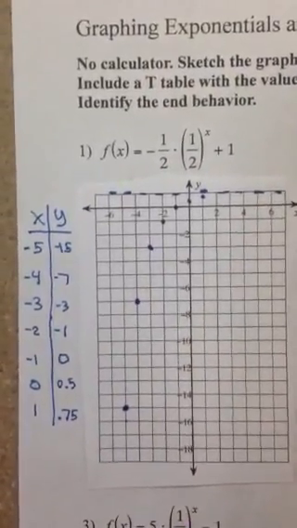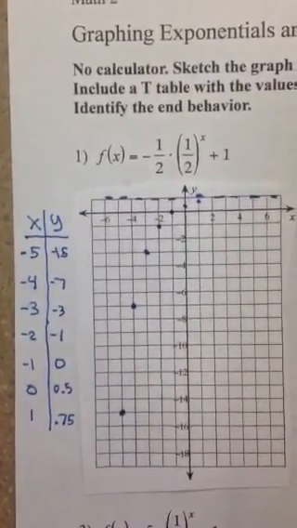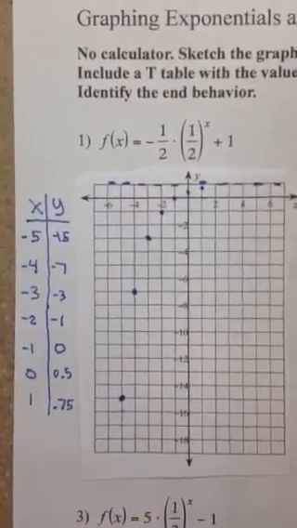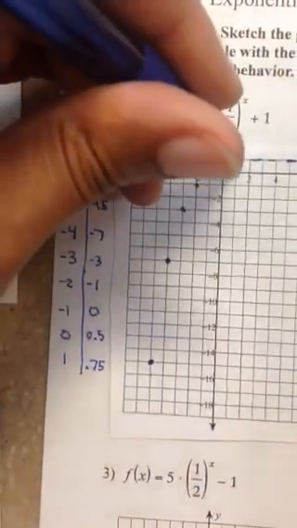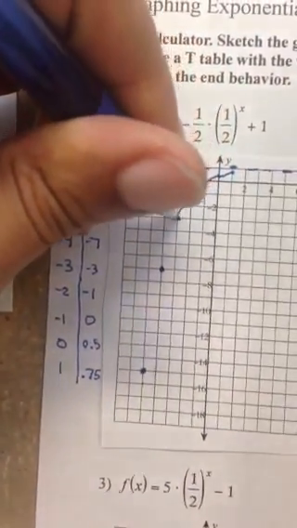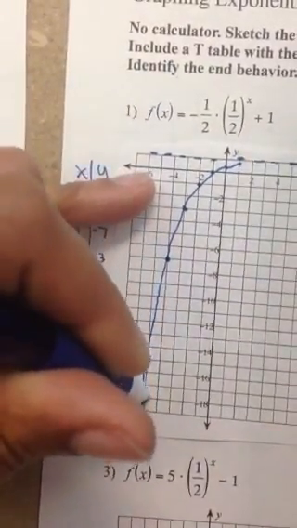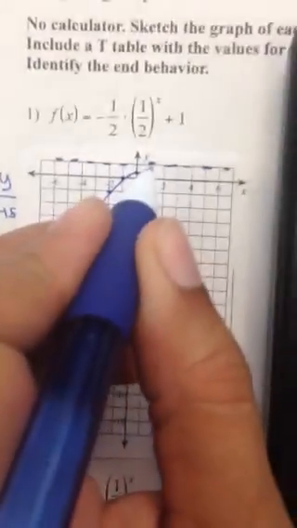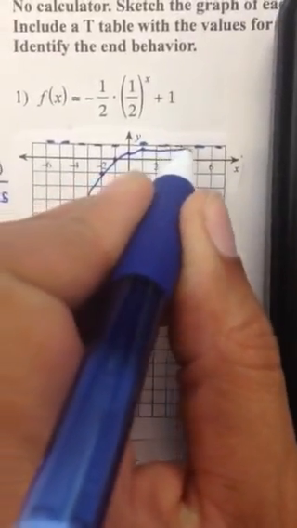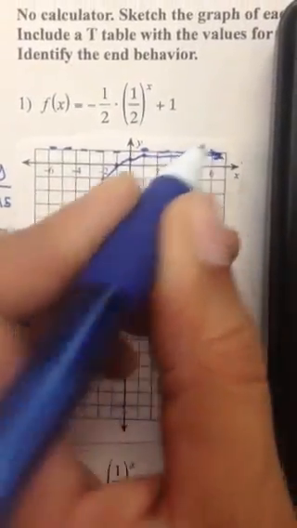Okay, and then we're just going to fill in the shape, the general shape of the graph. And it hugs the asymptote coming this way. Closer and closer, but never touching.